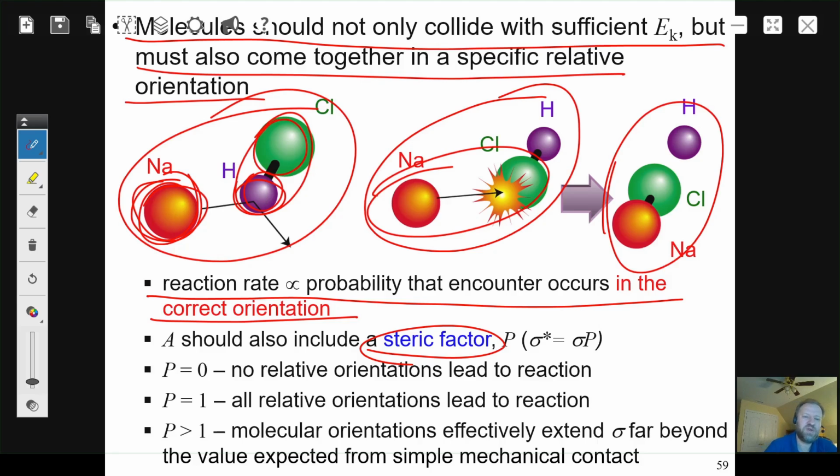Therefore, the frequency factor or the pre-exponential factor should also include, think of it as a fudge factor, what is called the steric factor P, and our collision cross section is multiplied by that steric factor. That gives us the so-called effective collisional cross section sigma star.